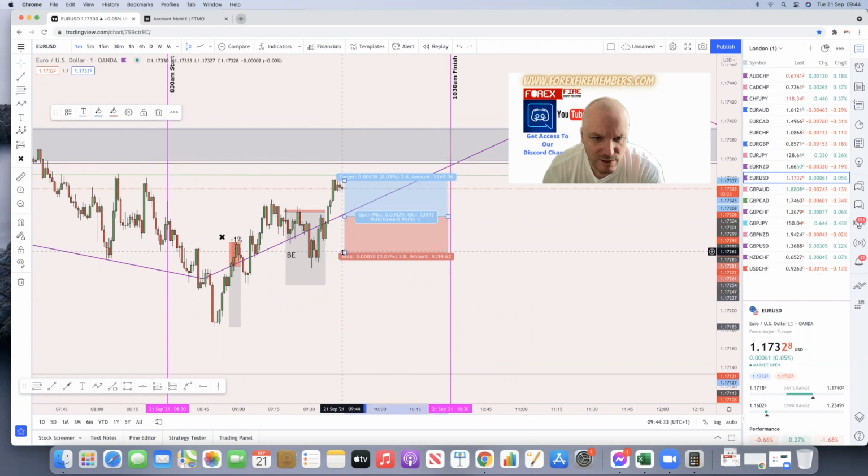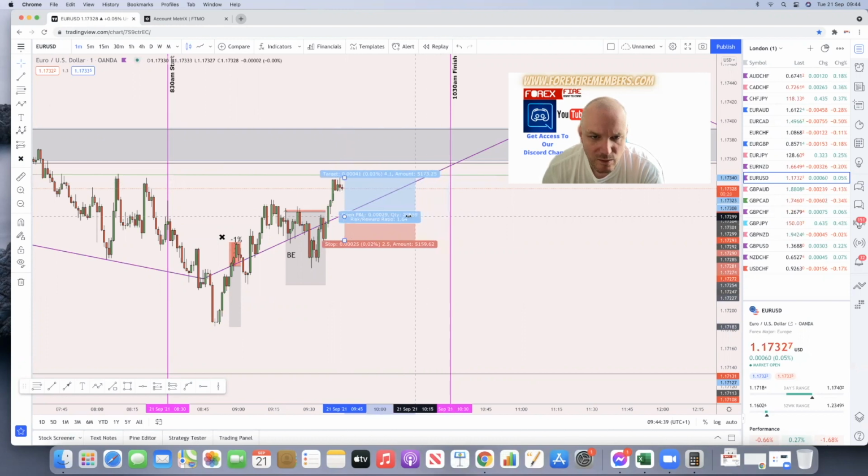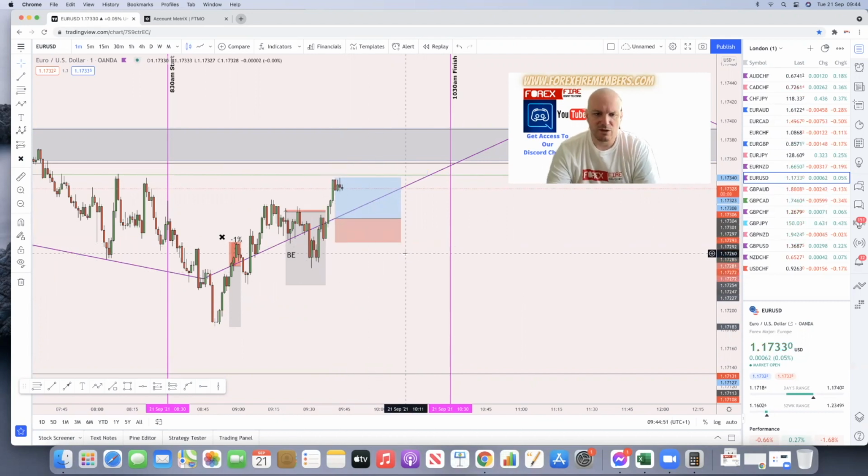Let's get this trade here. 1.64. 7. Right, so we'll take this as a trade. We'll look for the long now.